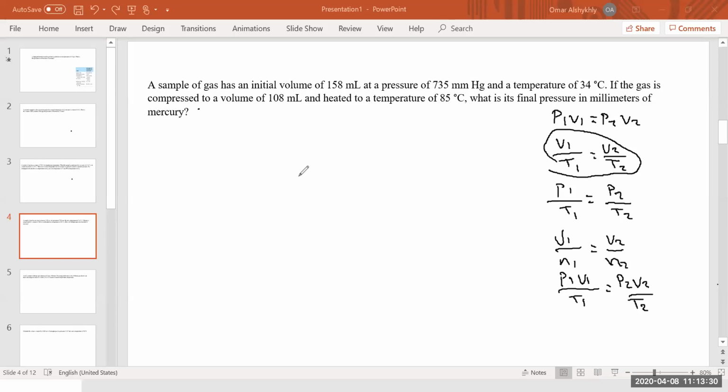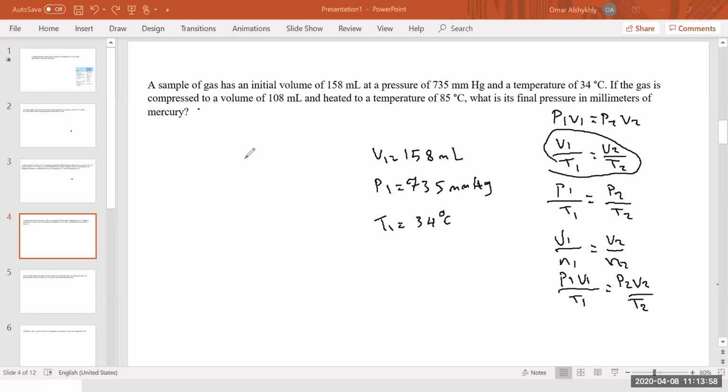So let's see what we have here. We have, first of all, V1 of 150 milliliter, and our pressure, so P1 will be 735 millimeter mercury, and the temperature, so T1 is also 34 Celsius degree.